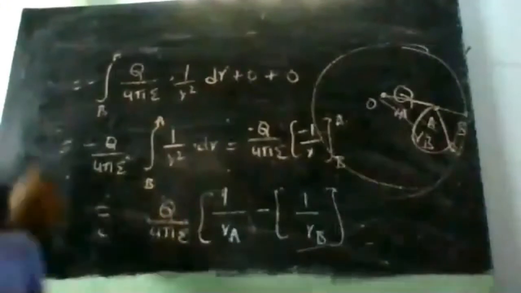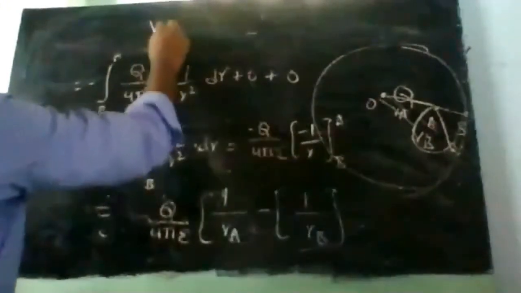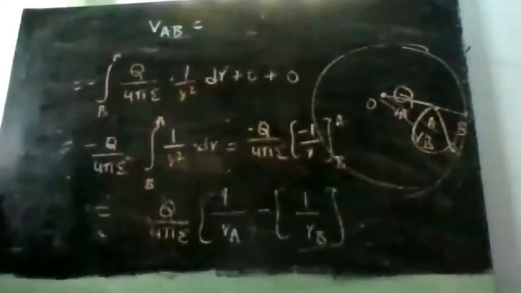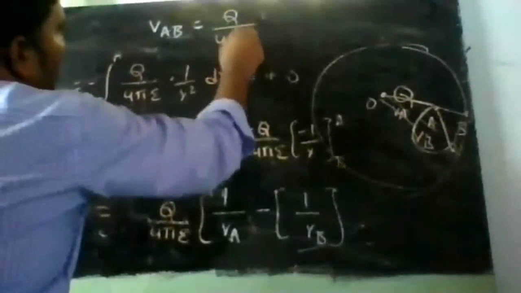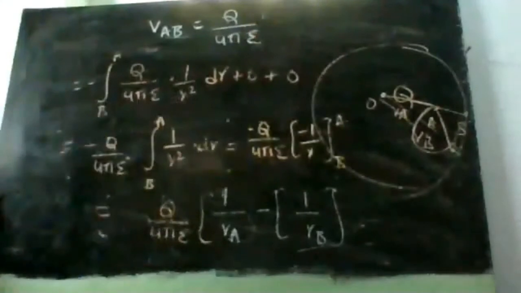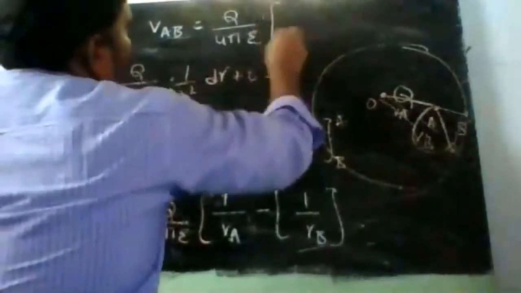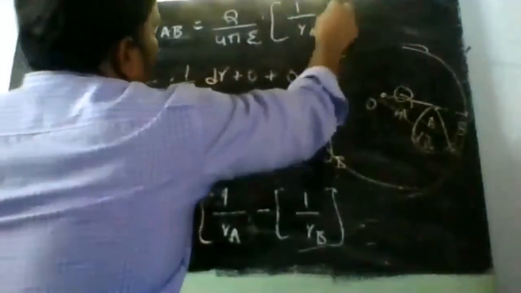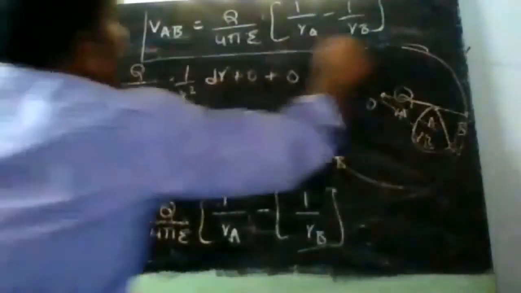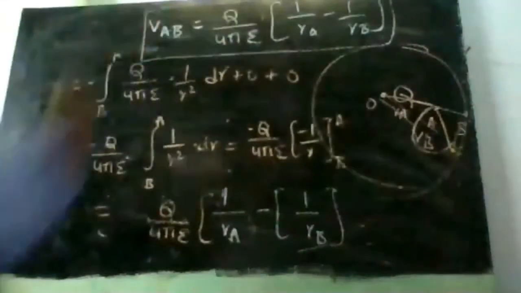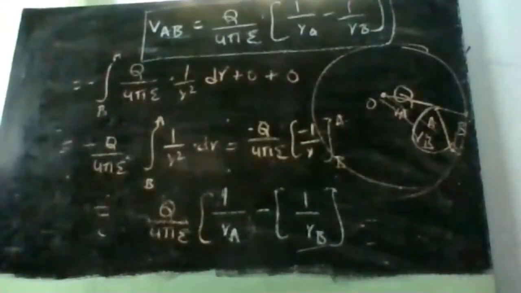So the final expression that I will get is VAB is equal to Q by 4 pi epsilon, 1 by RA minus 1 by RB. This is the voltage, the potential difference between the 2 points B to A because of a point charge.